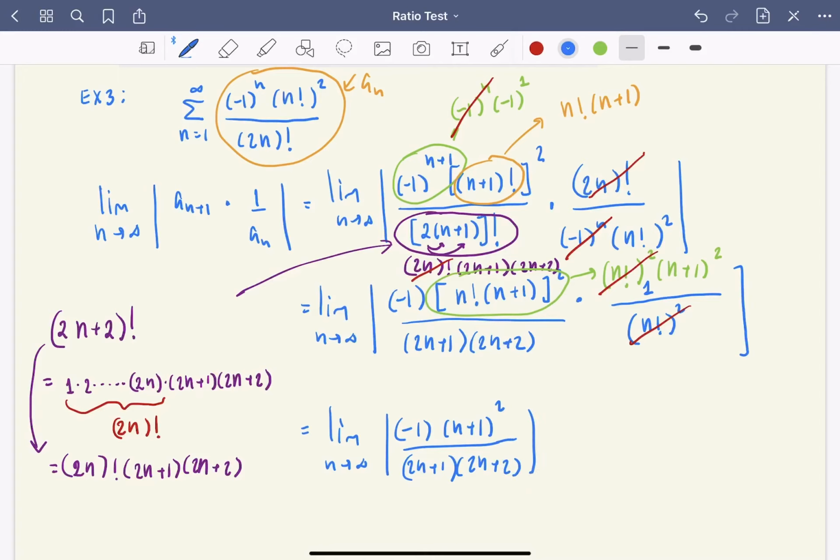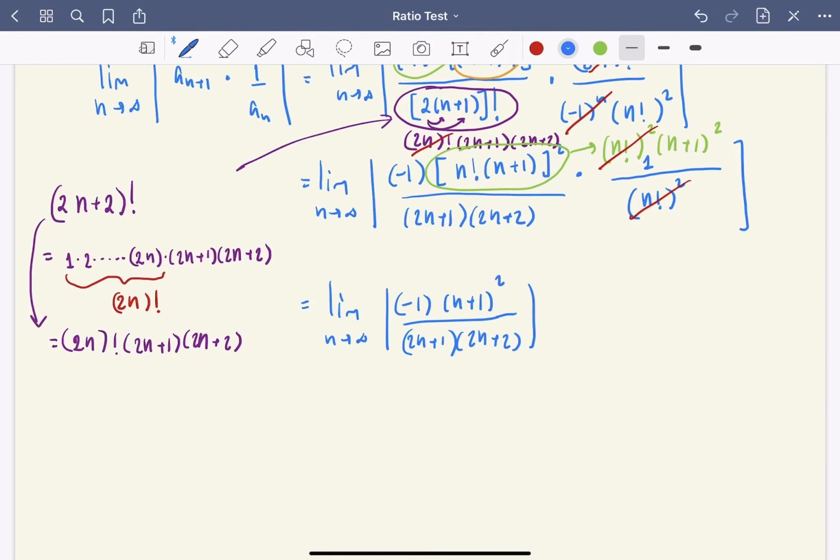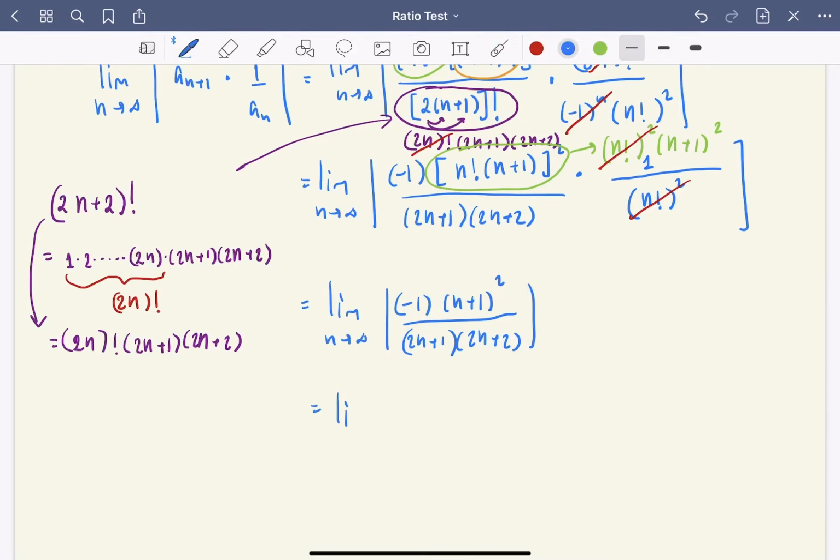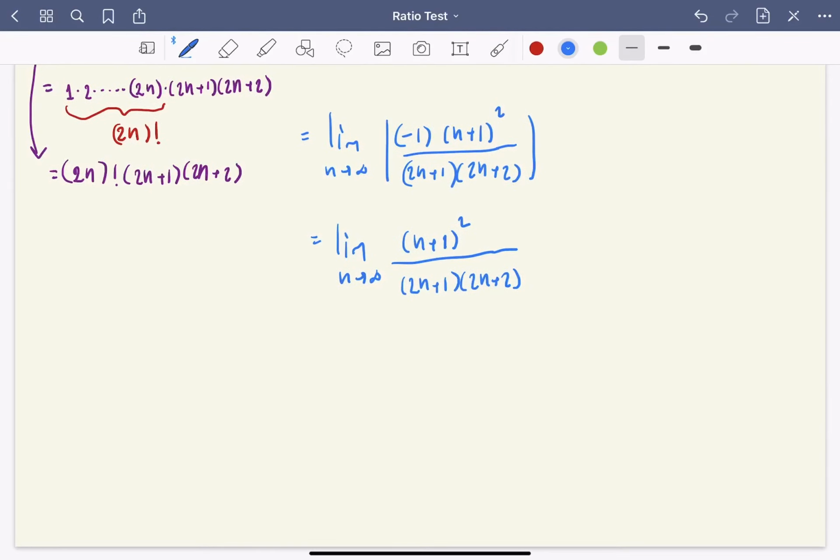Okay, by the way, with the absolute value here, the absolute value of negative 1 is 1. And the rest here, they are all positive anyway. That's why we have this limit. What's the limit? Numerator, we have n squared plus 2n plus 1.